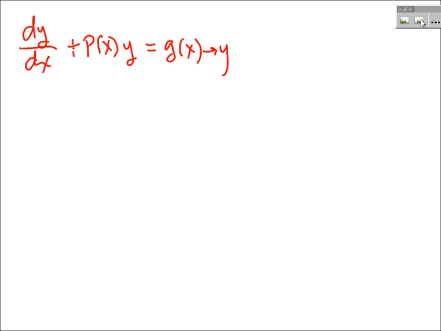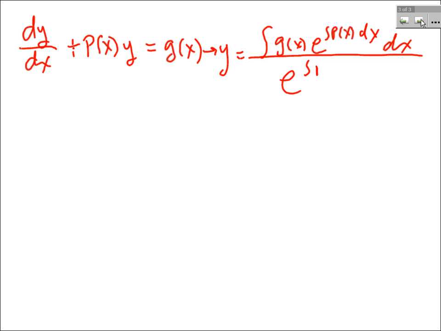If you have dy/dx plus a function of x times y equal to a pure function of x, that means that y is equal to the integral of g of x times e to the integral of p of x dx, all over e to the integral of p of x dx. Now, how I remember this is e to the integral of p of x in the top and the bottom, and also in the top is g of x, and that's it.